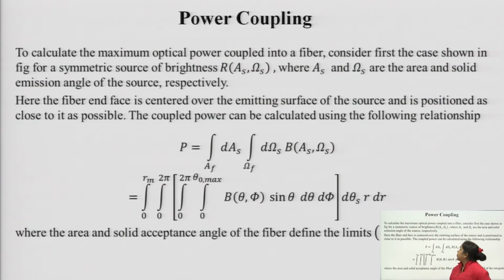So, first topic, the power coupling. As we started this topic earlier in the previous lecture, the maximum power that can be coupled into the fiber for a symmetric source has a brightness which is a function of area and solid angle.